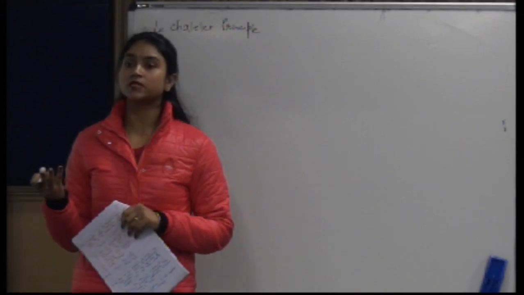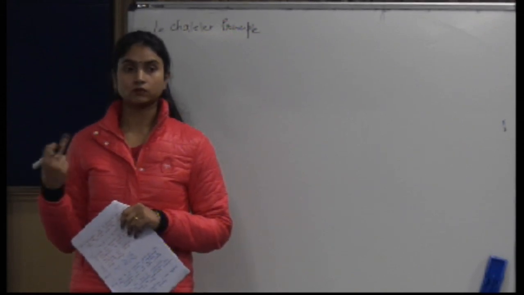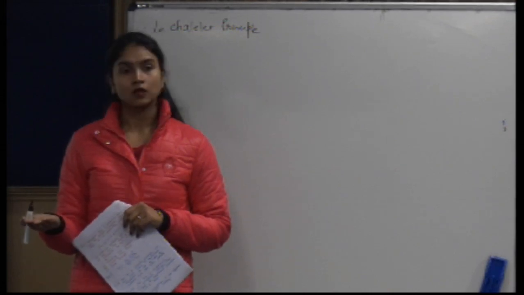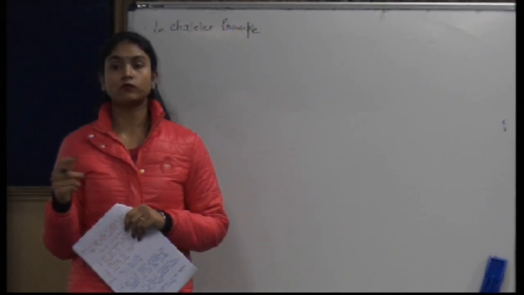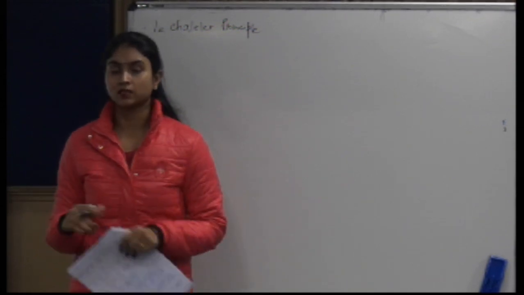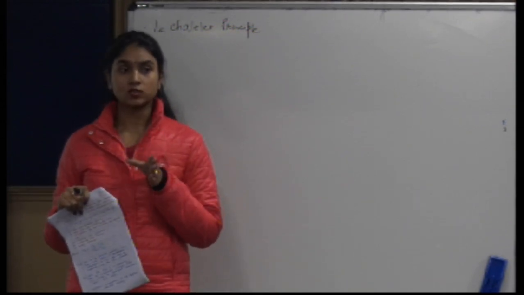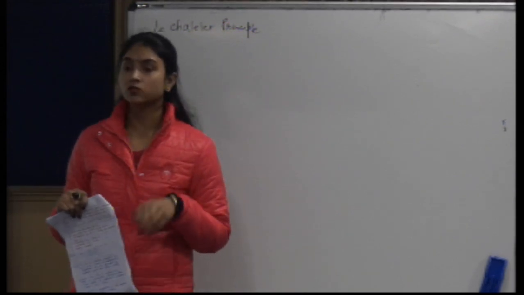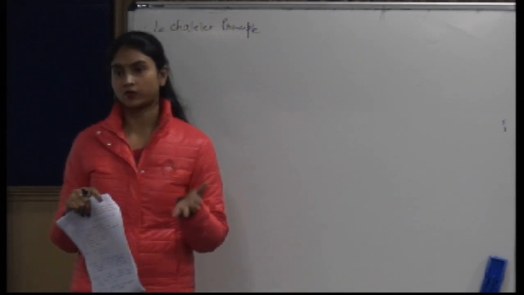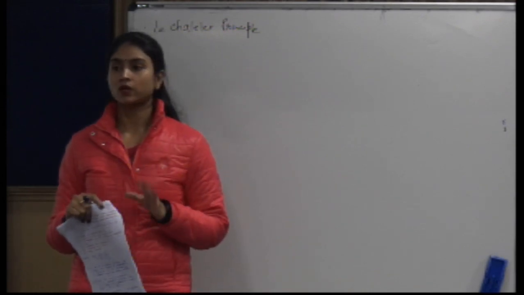We also discussed the effect of inert gases under two conditions: if pressure of the system is kept constant, and if volume of the system is kept constant. The last was the effect of catalyst. Catalyst does not affect the Ka value, your dissociation or equilibrium constant, but it alters the rate of forward reaction and backward reaction. This is what we have done in the last class.